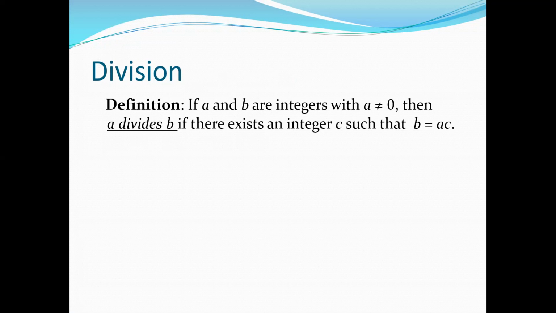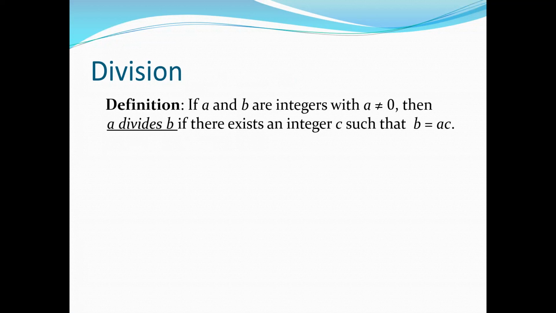Basically, division means that a number is divisible when we divide it by another number and it gives us an integer, or a whole number. So it means a number is divisible by another number. So that's division, the relation between a and b.